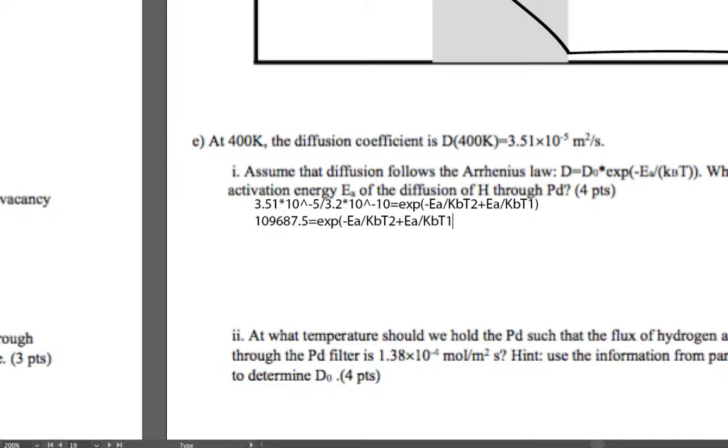There we go. And so when you take the natural log of the previous one, you get 11.61.